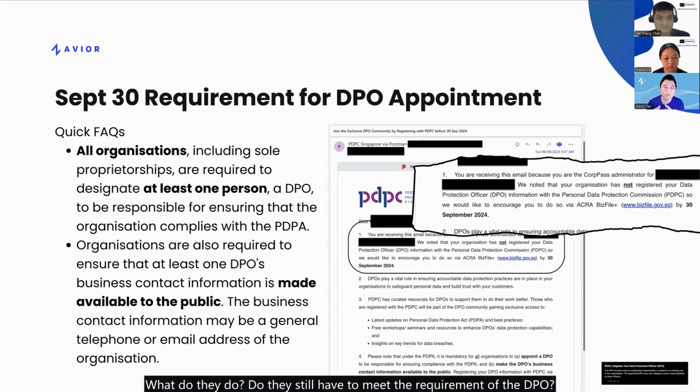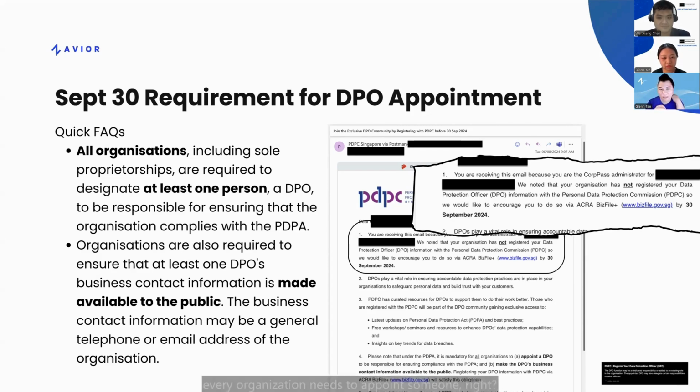Do they still have to meet the DPO requirement? The answer is yes, because there could be shareholders, directors and corporate secretaries involved, so personal data is moved around. So unfortunately and fortunately, the regulation states that every organization needs to appoint someone.